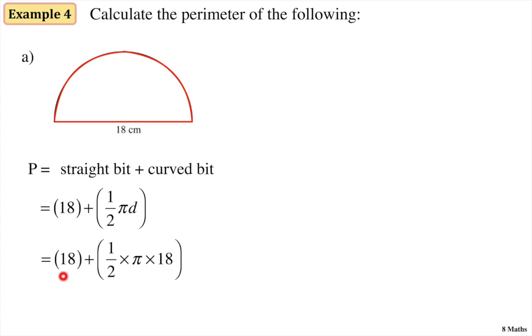I now just have to put that into my calculator, and if you didn't use the brackets, you'd still get the correct answer. If you just wrote 18 plus a half times pi times 18, the calculator will give you your answer. And if I round it to 2 decimal places, and that's why I've put this little symbol here to say that I rounded it, the answer is 46.27 centimetres.